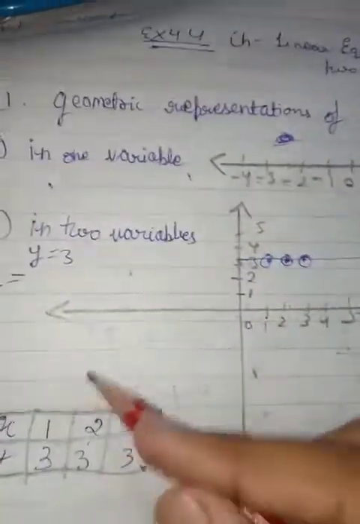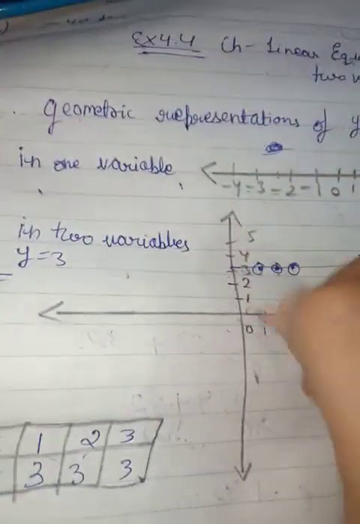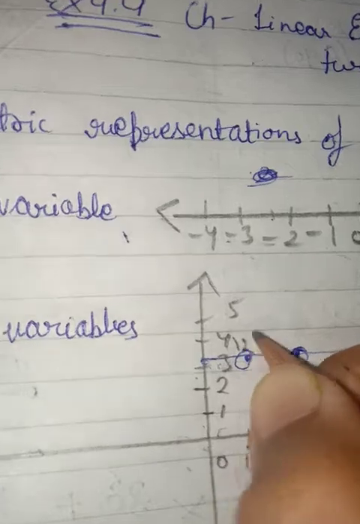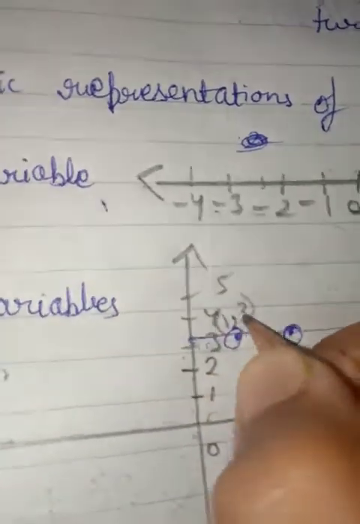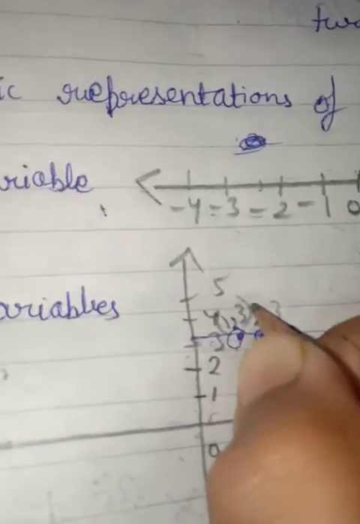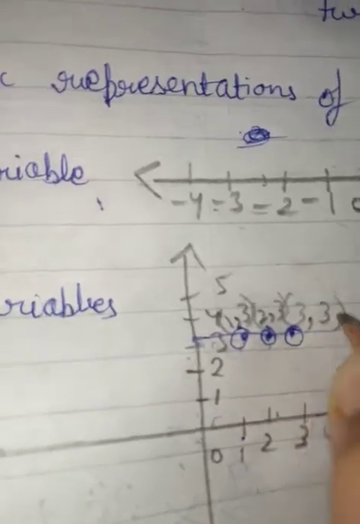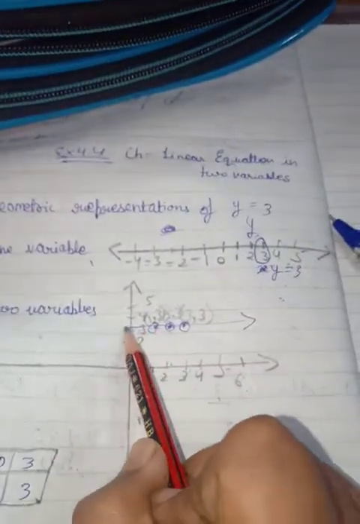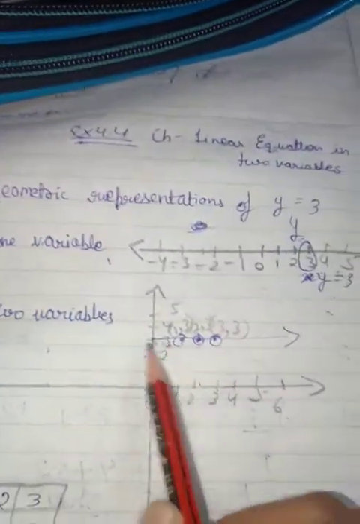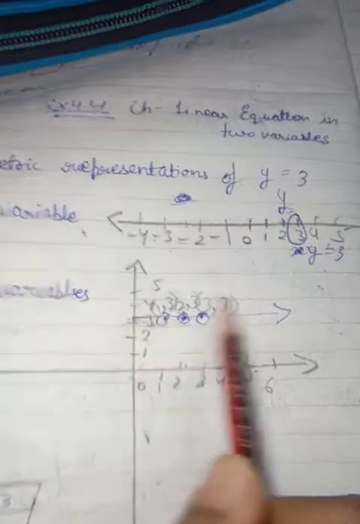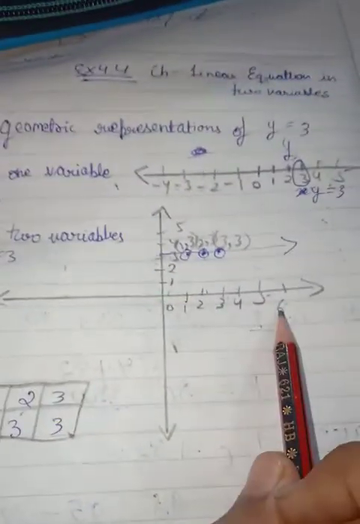Now we will mark what we have got: 1, 3; 2, 3; 3, 3. So we have got 3 solutions, so we have marked this on the graph also.